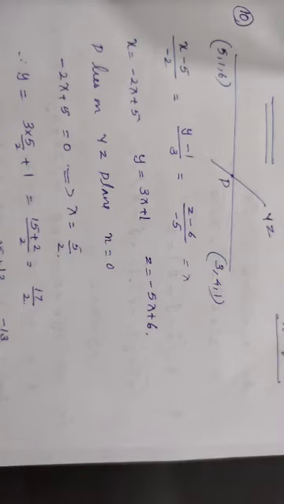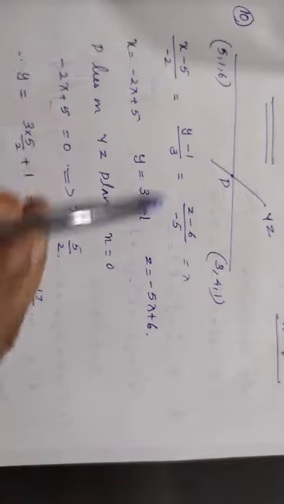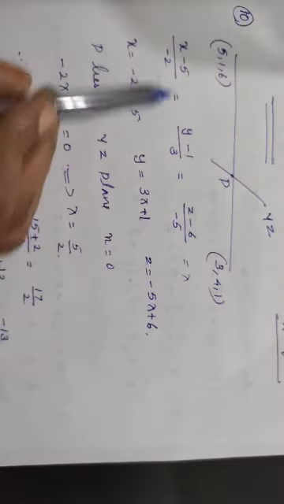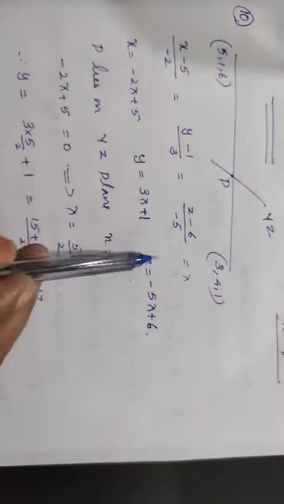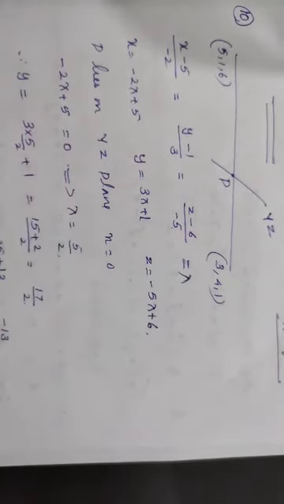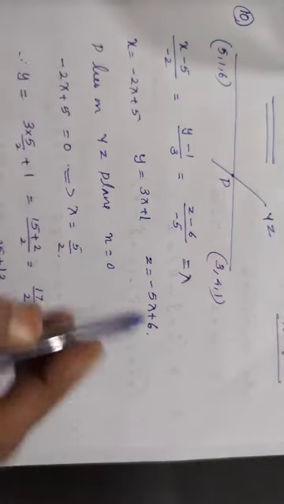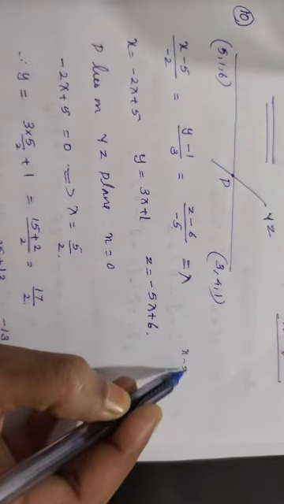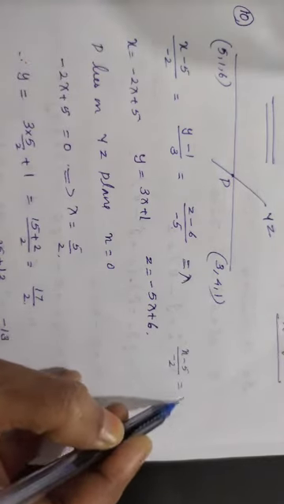Next we have to find the coordinates of any point x, y, z from the given equation. These three ratios are the same, so we can equate them with a constant lambda. Equating the first, (x minus 5) by minus 2 equal to lambda.